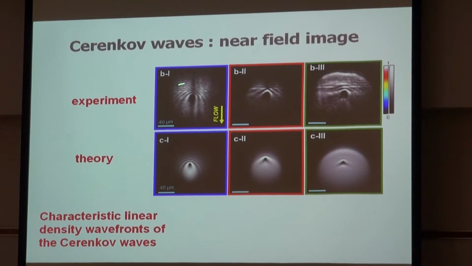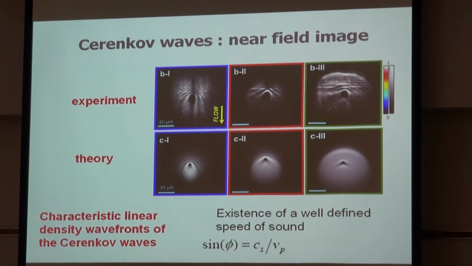And here we see that we have similar fringes as before, but when the intensity is increased, there is this linear Cherenkov wave that appears close to the defect. And what is nice here is that the angle of these fringes gives us the speed of sound.